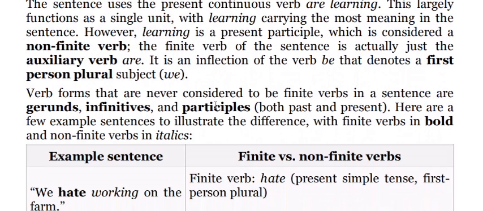Verb forms that are never considered to be finite verbs in a sentence are gerunds, infinitives, and participles, both past and present. Here are a few example sentences to illustrate the differences, with finite verbs in bold and non-finite verbs in italics.